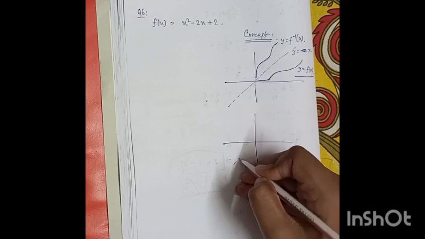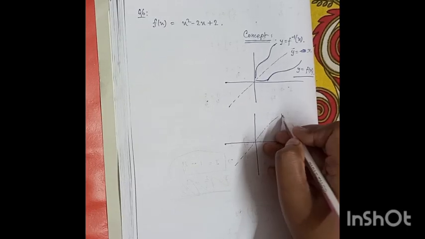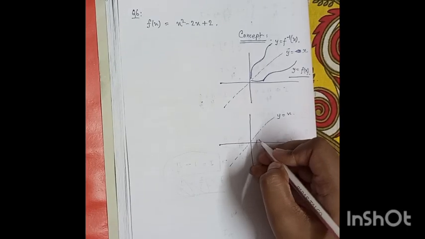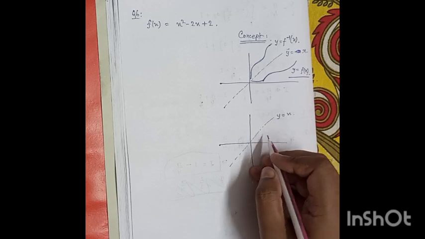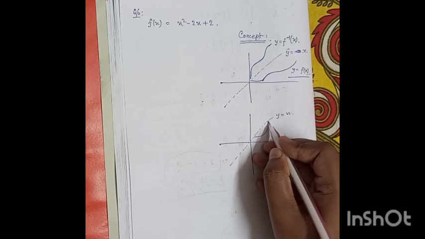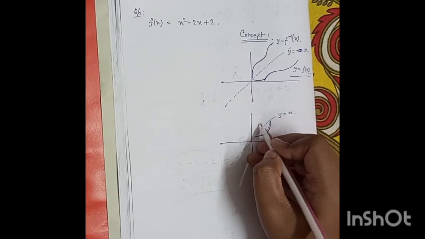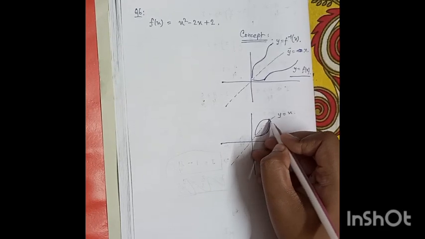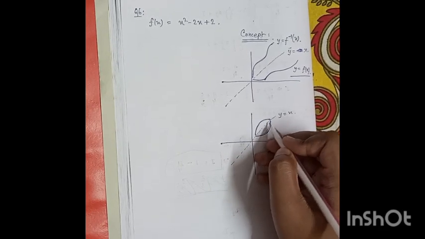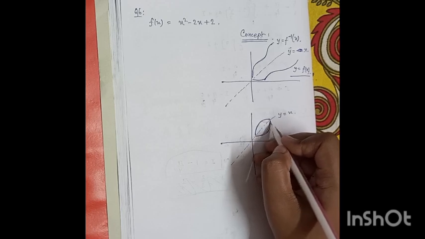Now we can see this is the line y equal to x, and if we somehow get a function like this, we can get the inverse of this function like this. So there is a certain area bounded by these two functions.